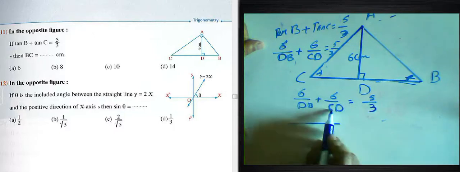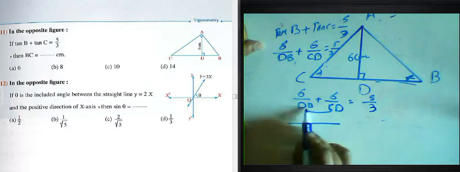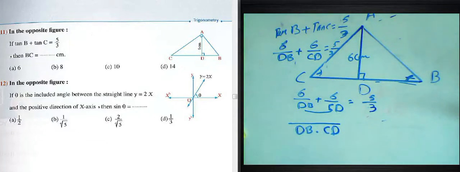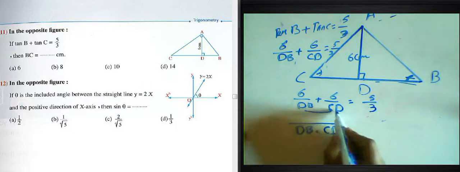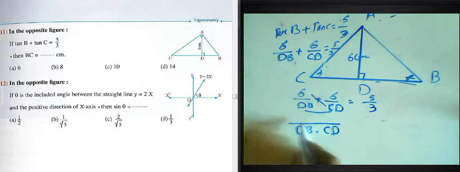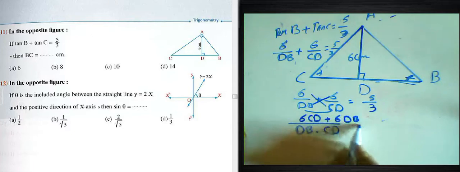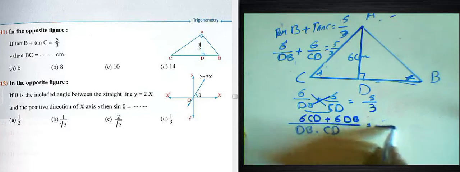We can cross multiply DB and CD, and we will multiply 6 CD plus 6 DB equals 5 over 3 times DB times CD.